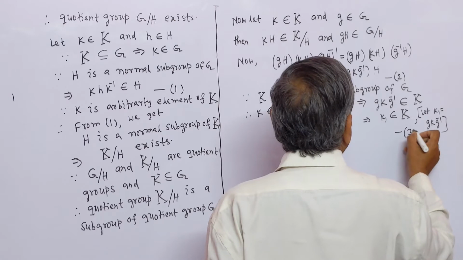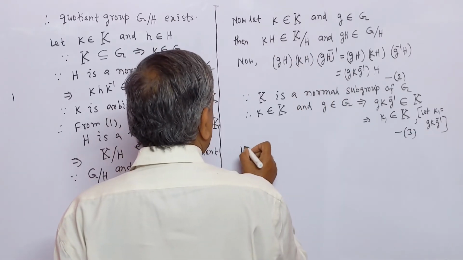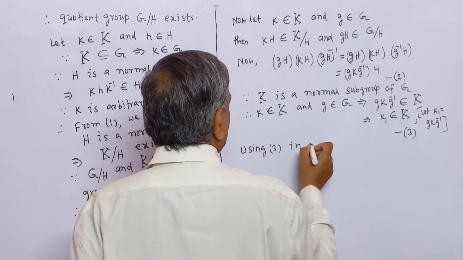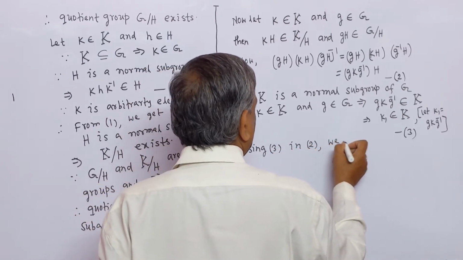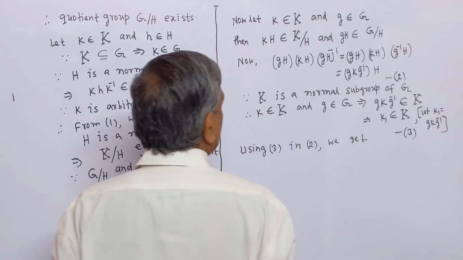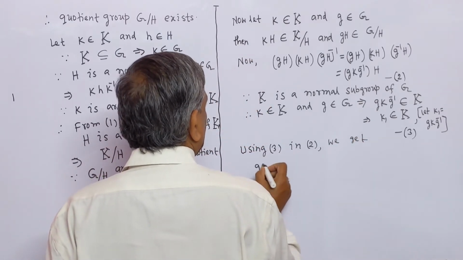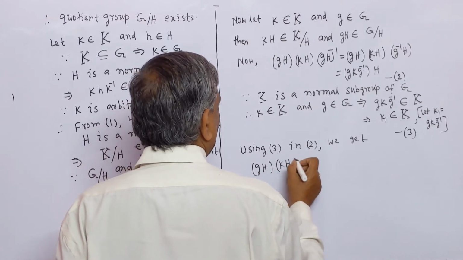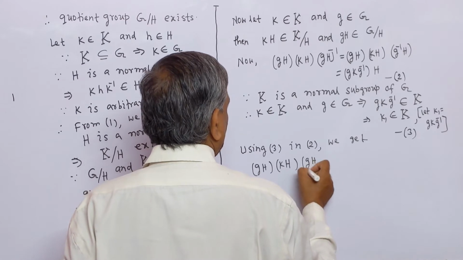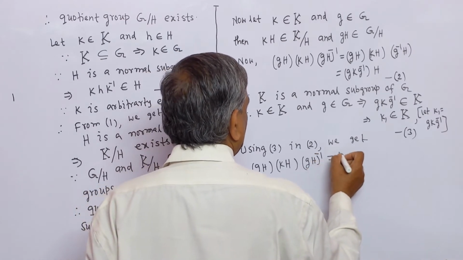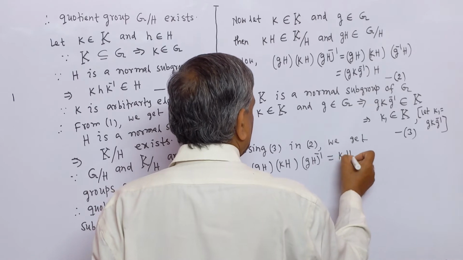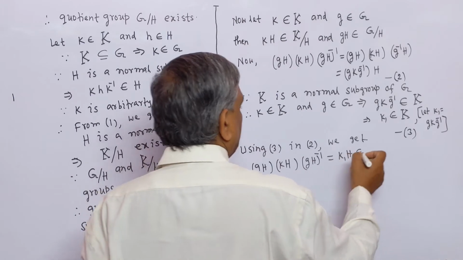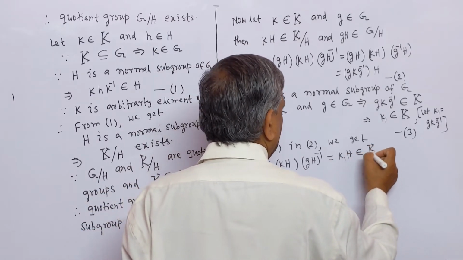This is number 3. Using 3 in 2, we get gH kH gH whole inverse equal to k1H, and this belongs to quotient group K by H.